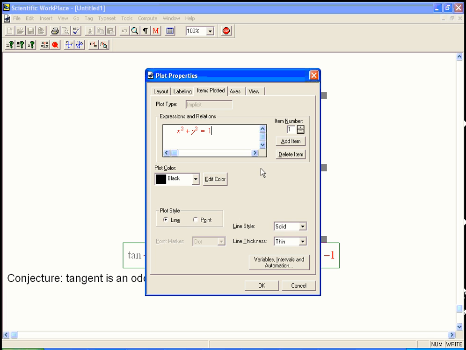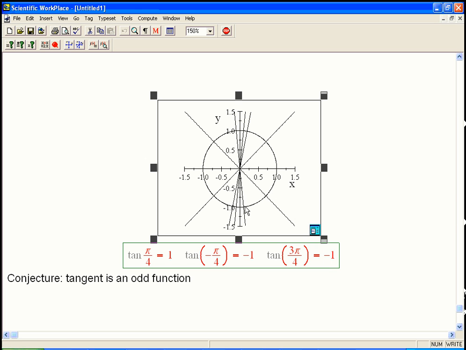Well, let's try that. I've already put in y equals 10x. I'll put in y equals minus 10x. We'll try it one more time. This is not proving it, but it's suggesting it. And I'm comparing this line down here with this line up here. This line, if I go over a certain amount, it goes down a certain amount. If I go over that same amount, its brother up here goes up the same amount.